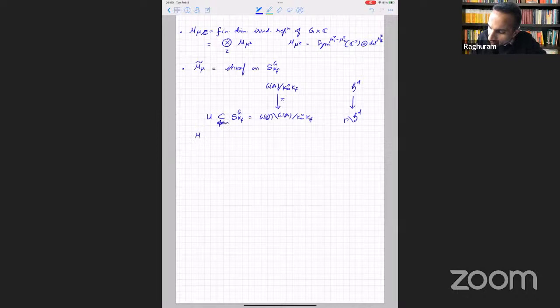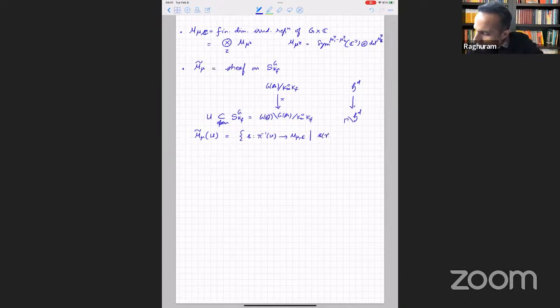And the sections of the sheaf over this open set consist of the set of all functions s from pi inverse U. So I pull back U, that's a covering map there. So I get various disjoint unions of U mapping to the representation space M_mu(C). But this disjoint union of U's is kind of moved around by the action of G(Q). And this G(Q) action you want to bring in here.